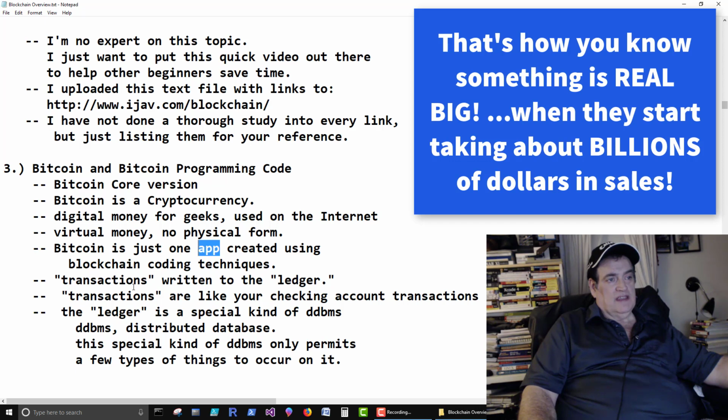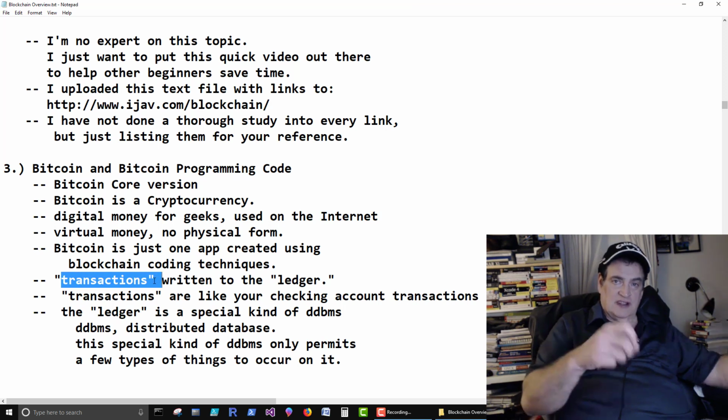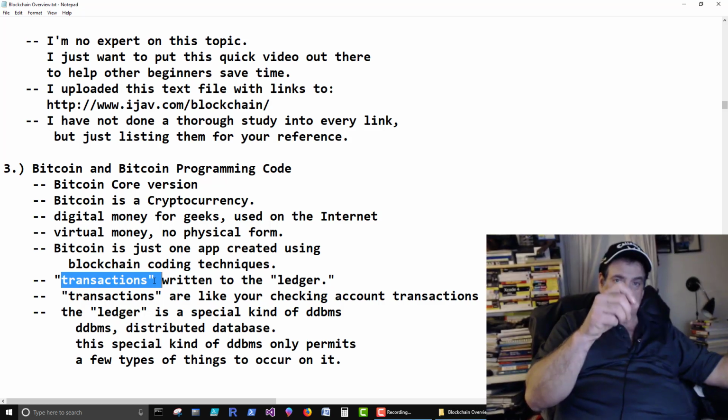So the main thing is you have a Bitcoin transaction. Just like you would have your checking account. You write a check and you write down the transaction in your checkbook. Date, the amount, the person that you wrote the check to.